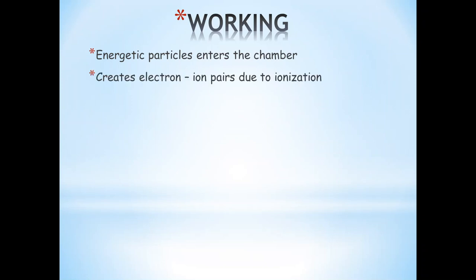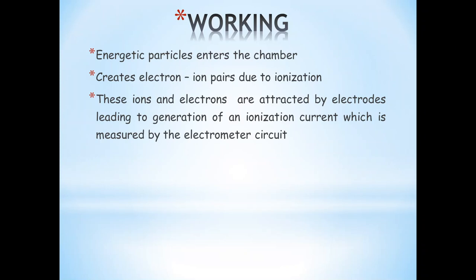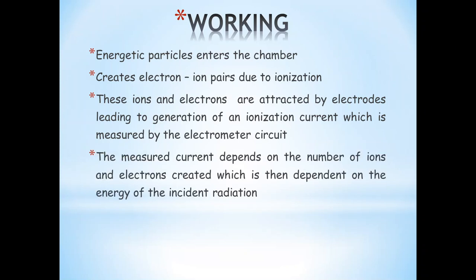So what is the working? It's quite simple. An energetic particle enters the chamber, causes ionization and creates electron-ion pairs. These ions and electrons are attracted by the electrodes, leading to the generation of an ionization current, which is measured by the electrometer circuit. The ionization current produced is very small, so it is amplified and then measured by electronic circuitry.